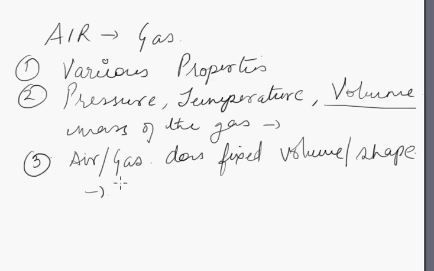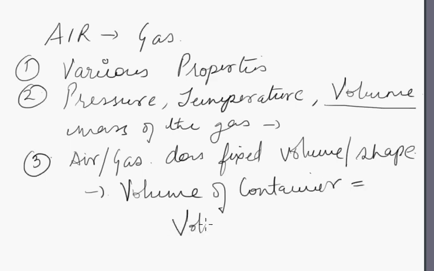So we take the volume of the container to be the volume of the gas, right? So many scientific observations have determined that these variables are related to one another, right?